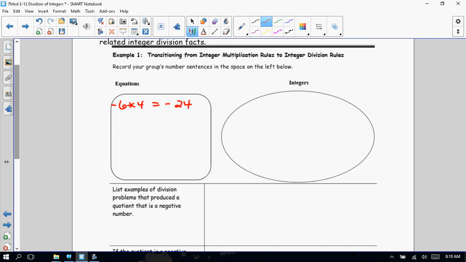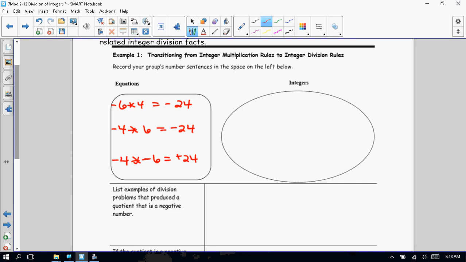There's 1. I'm going to take the negative 4 times the positive 6 and write negative 24. There's my second one. And then the third one did mention that they had to both be negative. So negative 4 times negative 6 equals positive 24, right? That was from the other page just a second ago.